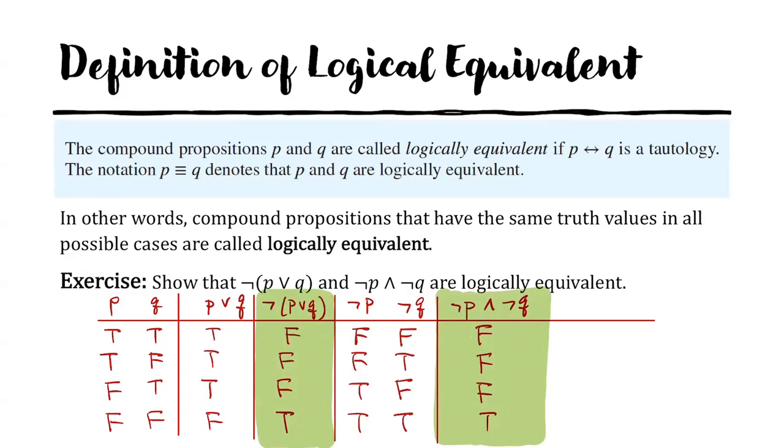And since they have the same truth value, they are equivalent to each other. Right? Or by the definition, not (P or Q) if and only if not P and not Q.